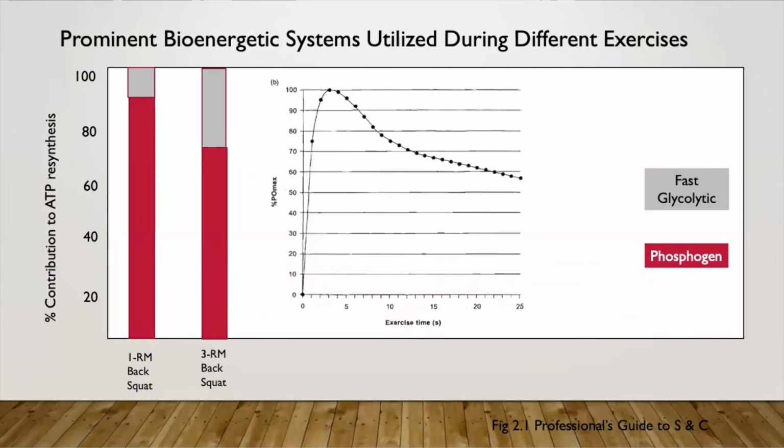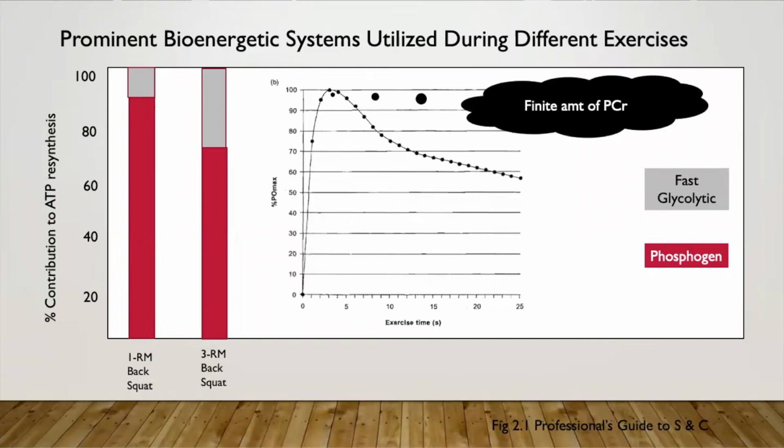And again, the same drawing that we saw earlier, where you have a very rapid rise in the power that's being produced by the muscles because of the quickness with which phosphocreatine can break apart and provide the energy to resynthesize ATP. But again, we have this caveat. We have a finite amount of phosphocreatine.